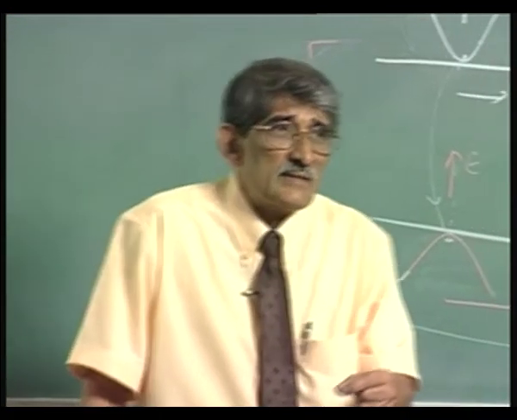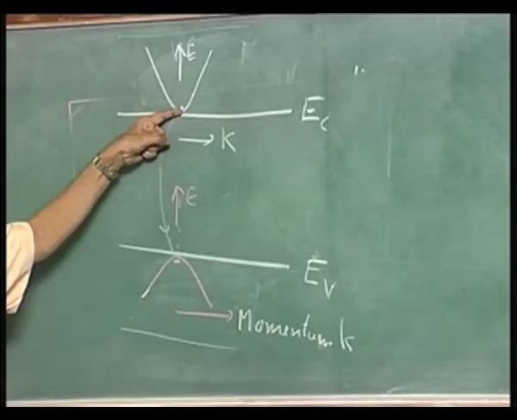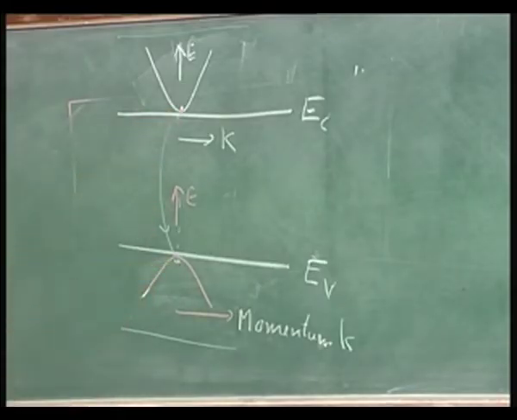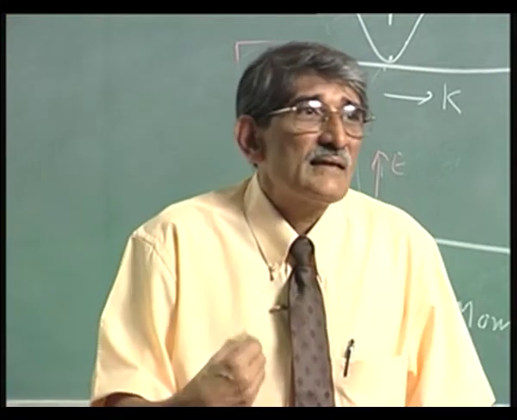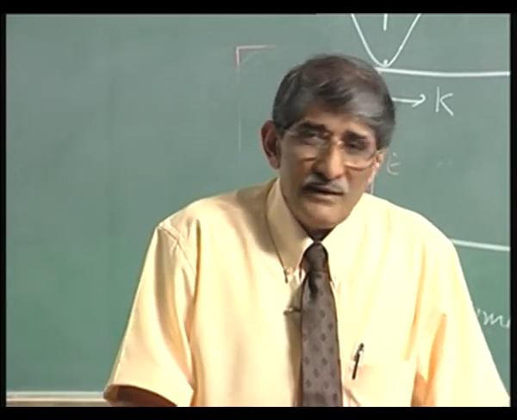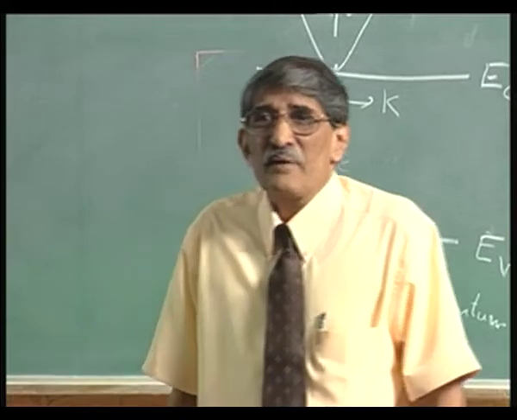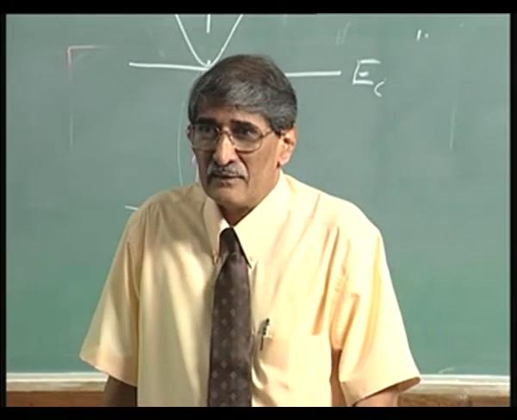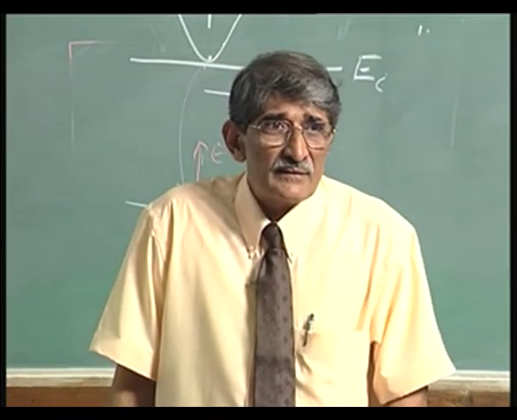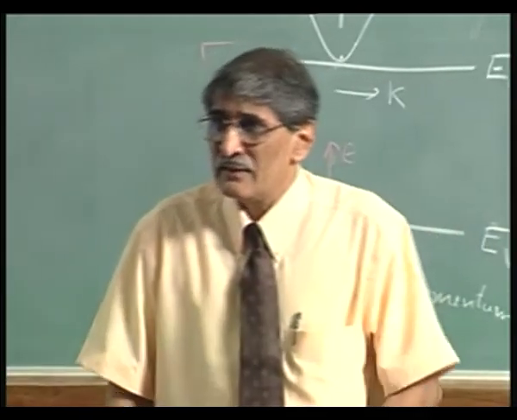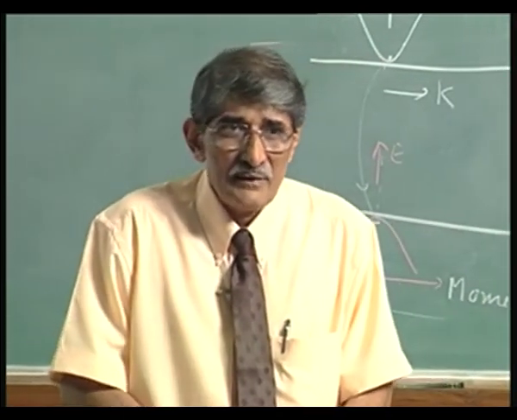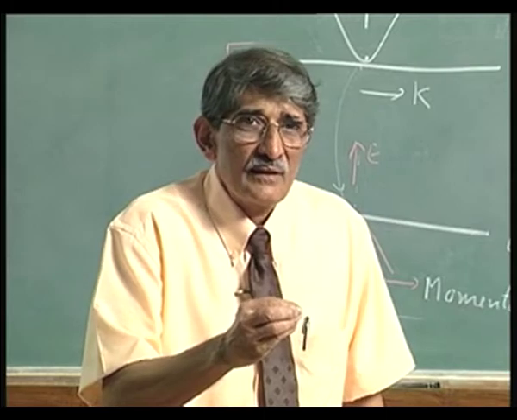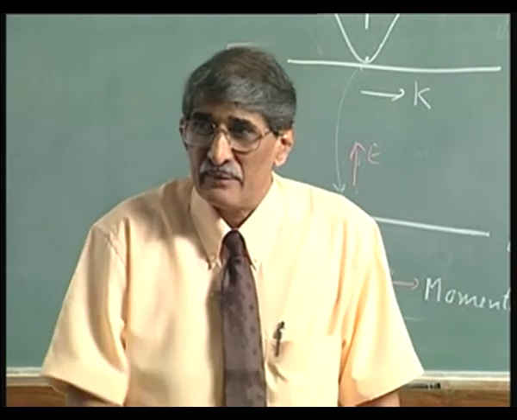And any transition of electrons from here to here will be accompanied by emission of light, because it is only the energy conservation that has to be taken into account. Direct band gap materials are used for photonic applications. For microelectronics application, it does not really matter whether it is direct band gap or indirect band gap. Those who talk of photonics will say, I am interested in direct band gap material.